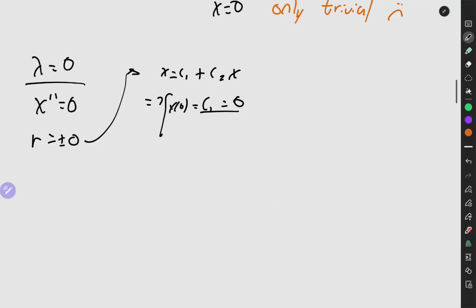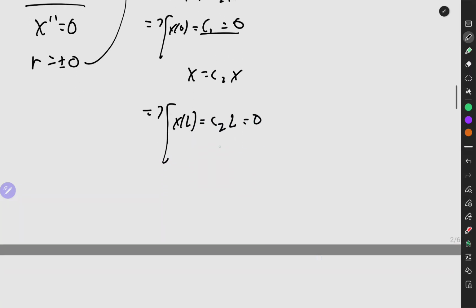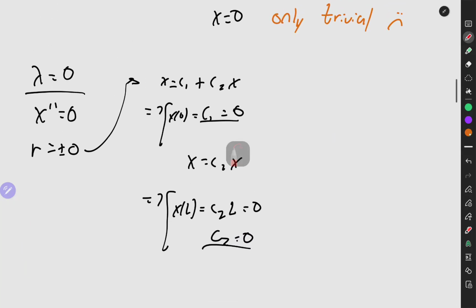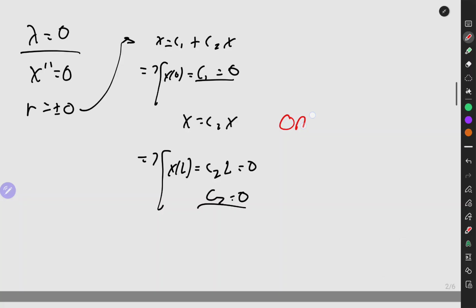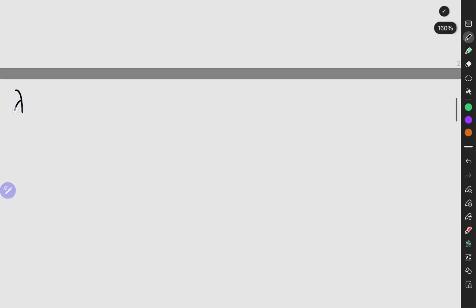Take the derivative. Sorry, just plug in 0 for x. Second boundary condition. That is C2 times L, which tells us C2 is also 0, C2 is 0, C1 is 0. Only trivial. Then the last one clearly has to be the correct case.